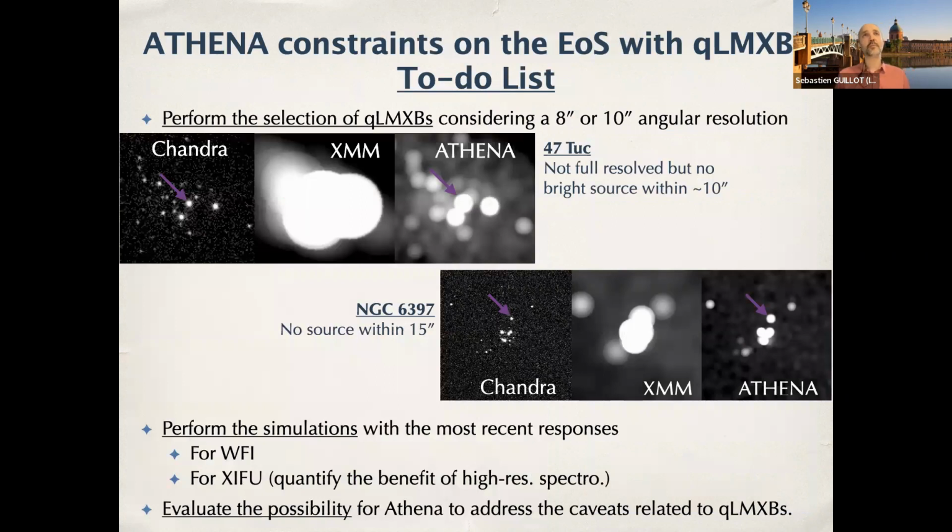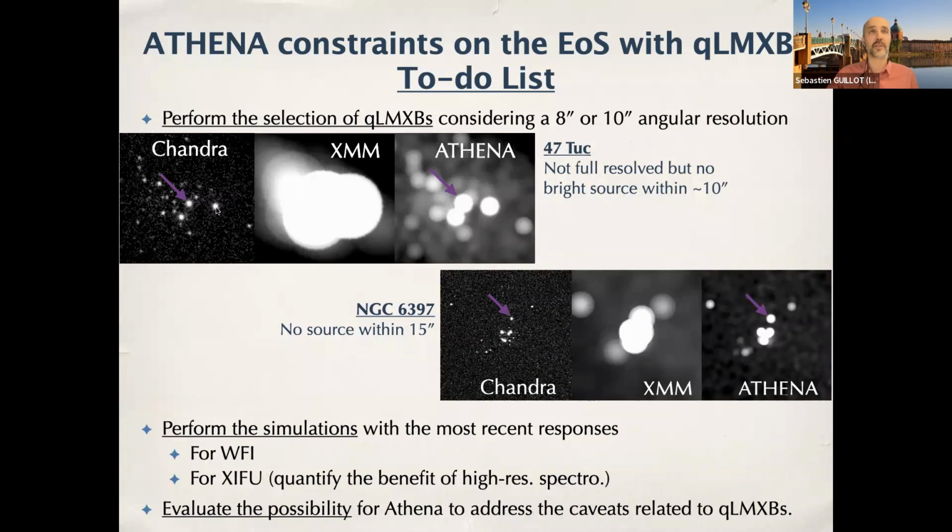So in terms of the to-do list for quiescent low-mass X-ray binaries to be observed with Athena, I think the first thing to do is to reconsider the selection of quiescent low-mass X-ray binaries, maybe with a somewhat degraded angular resolution closer to 8 or 10 arcseconds. Here I show two examples. This is the core of the globular cluster 47 Tuc. The quiescent low-mass X-ray binary is here.